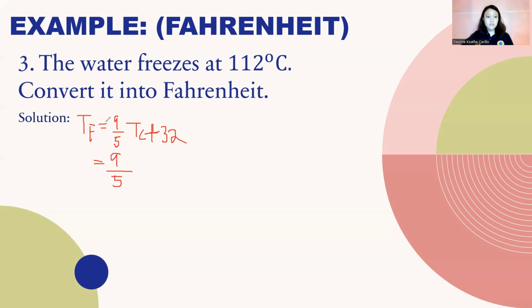And let's find the degrees Celsius or the temperature Celsius, which is 112 Celsius. Open and close parentheses again. Plus 32. The next step is let's bring it down. Bring it down. All of it.